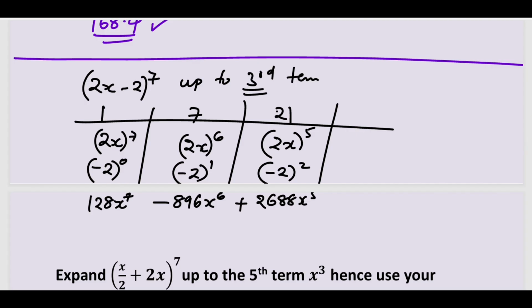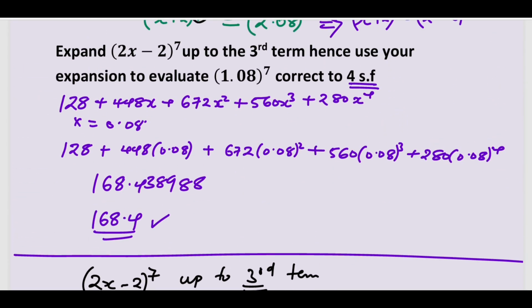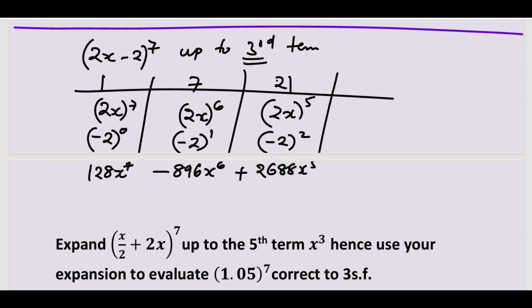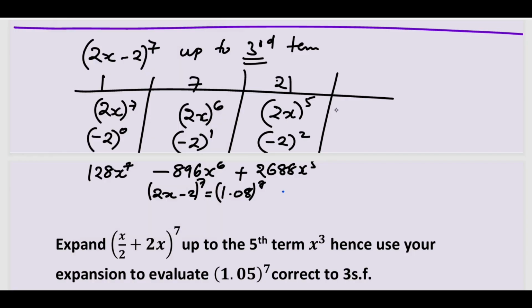Then we're told to use our expansion to work out 1.08^7. So we're going to have (2x - 2)^7 equal to 1.08^7. So at this point we drop the powers. This simply means 2x - 2 is equal to 1.08.